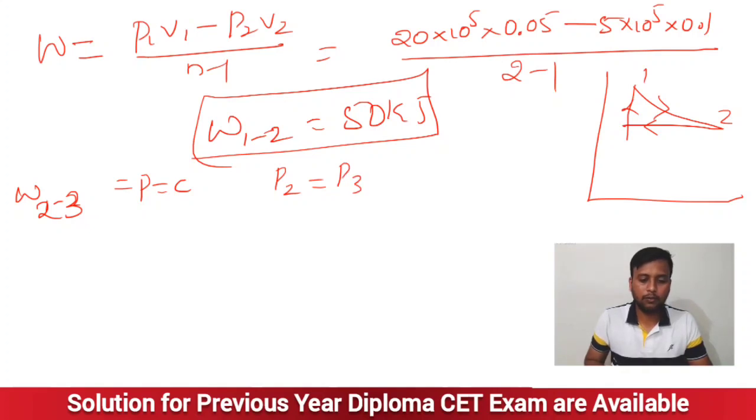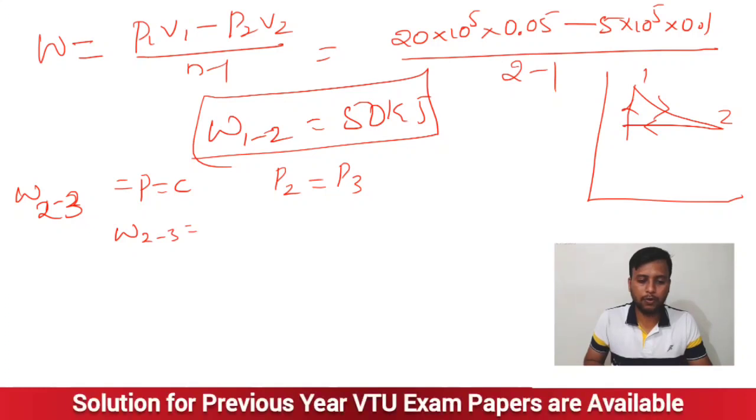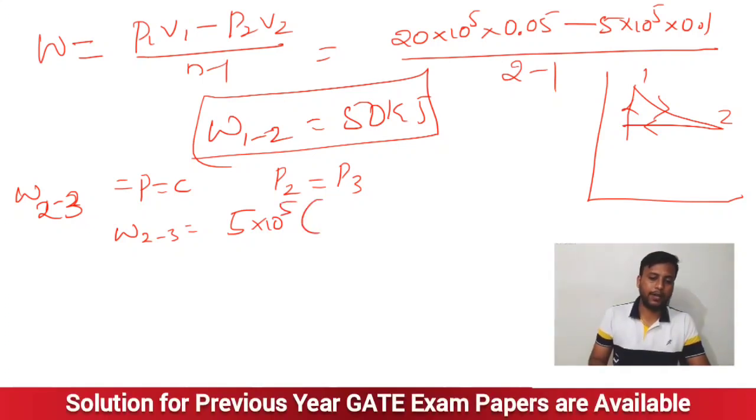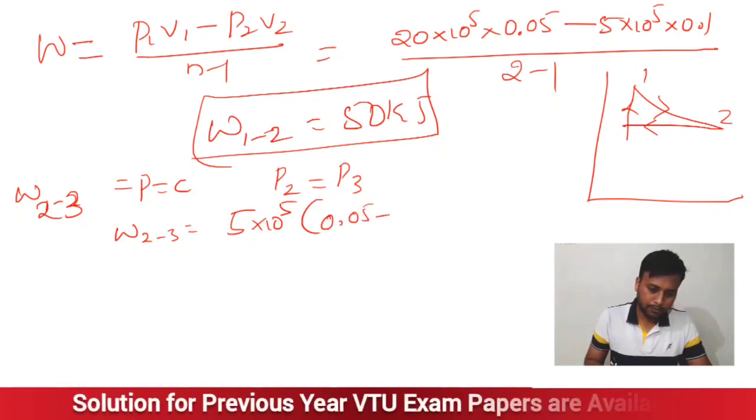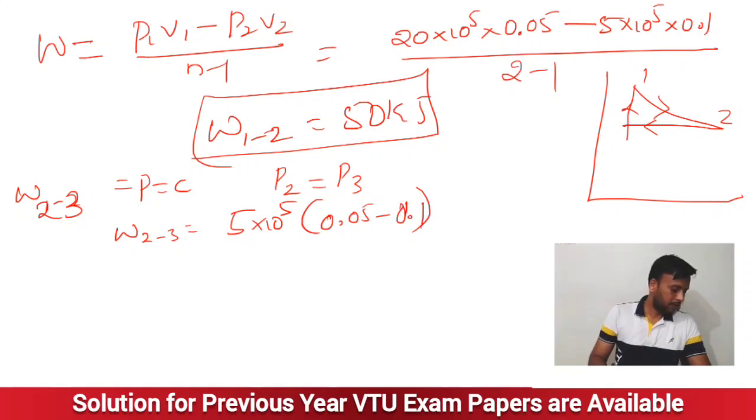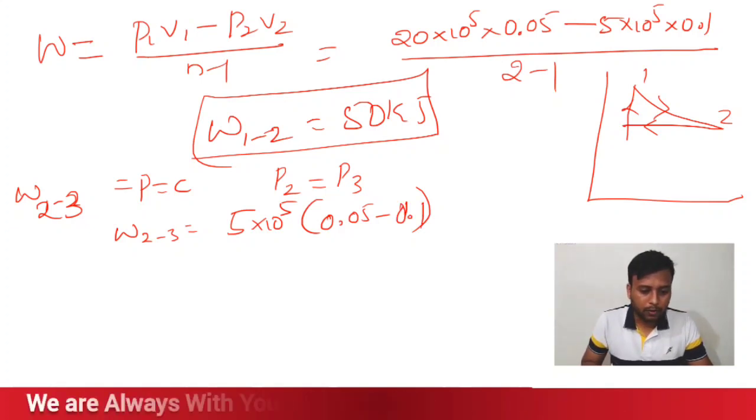Therefore the work done during the constant pressure process will be 5 bar, that is 5 into 10 raised to 5, times V1 and V2, which are given: 0.05 minus 0.1.